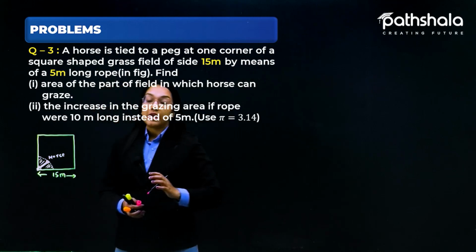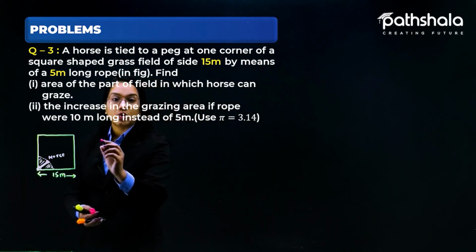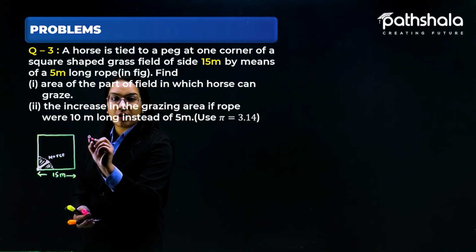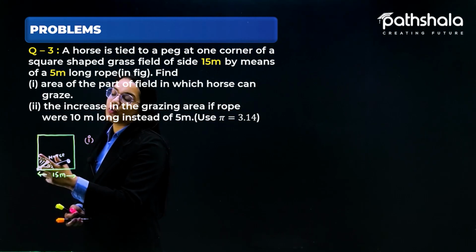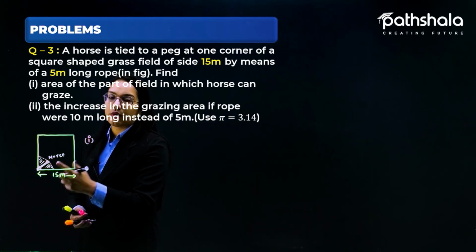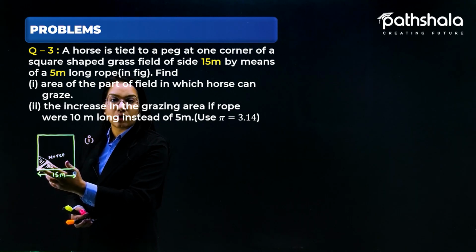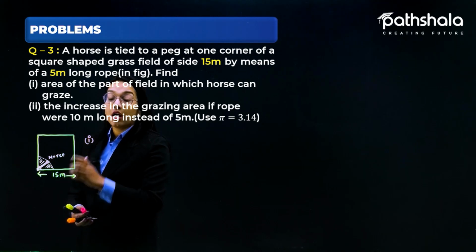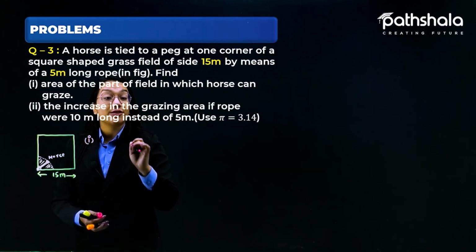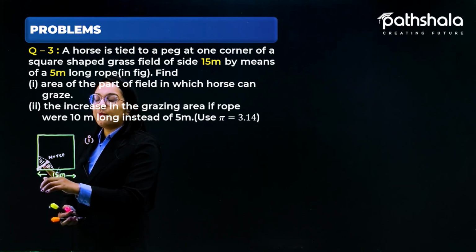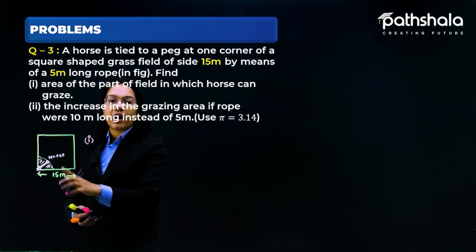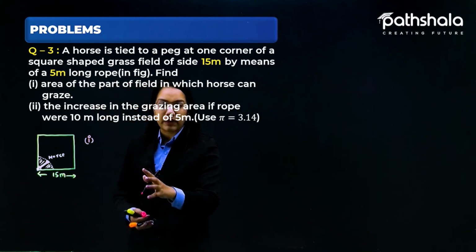Furthermore, let's talk about the very first part. In the first part, we have to find the area which is grazed by the horse. You can see this is the only area that the horse can graze if it is tied to a peg at one corner of the square-shaped grass field. Now the angle of this sector is definitely 90 degrees.